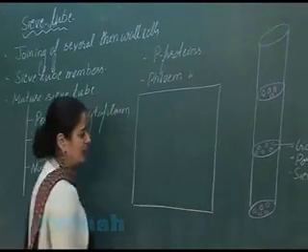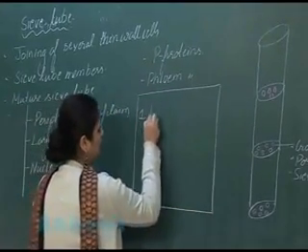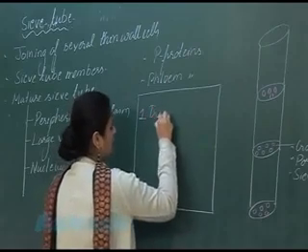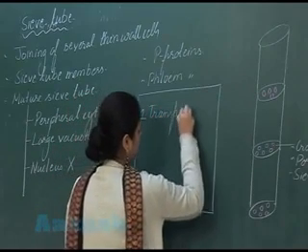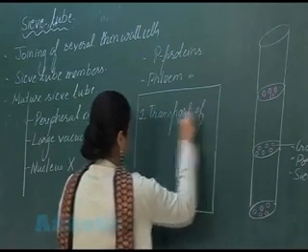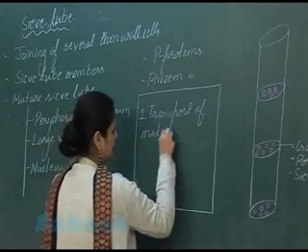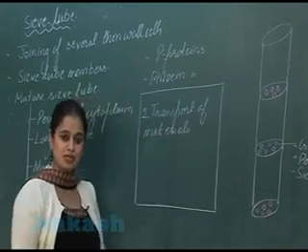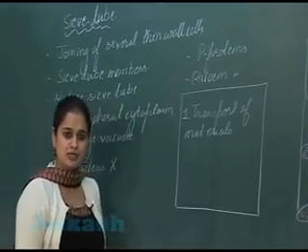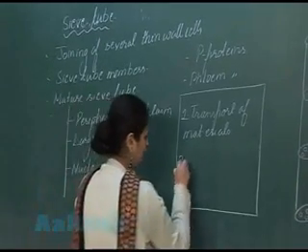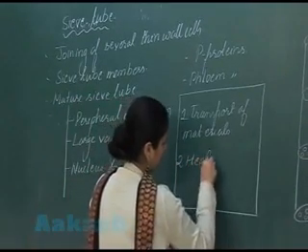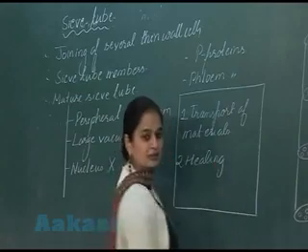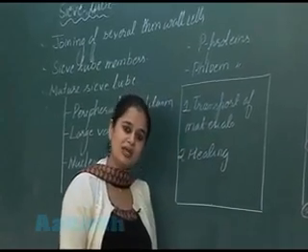One, they are going to be involved in transport of material, translocation, movement of materials in the sieve tube. Second role, they are also involved in healing. What do you mean by that?